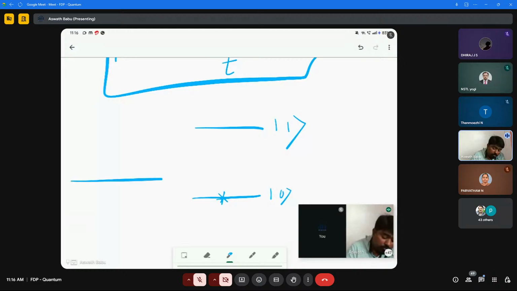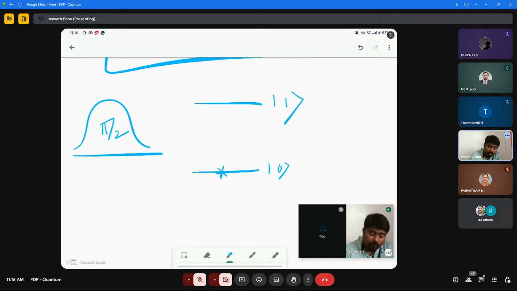I will send something called a pi by 2 pulse. The area of the pulse is pi by 2, which in fact consists of equally spaced photons. What are they? There is a first photon which comes and puts the electron in the excited state.